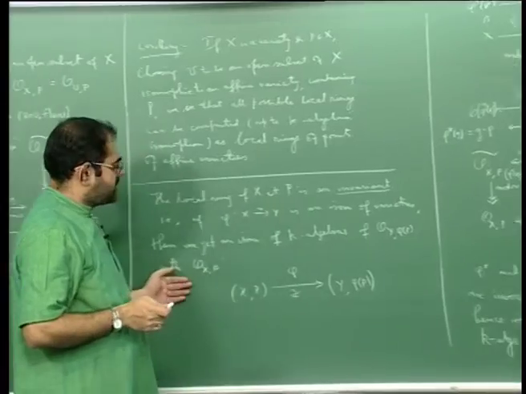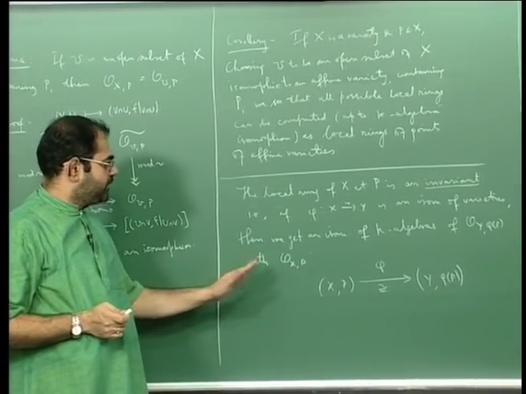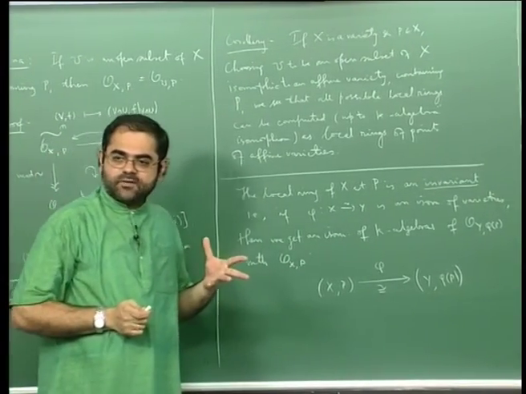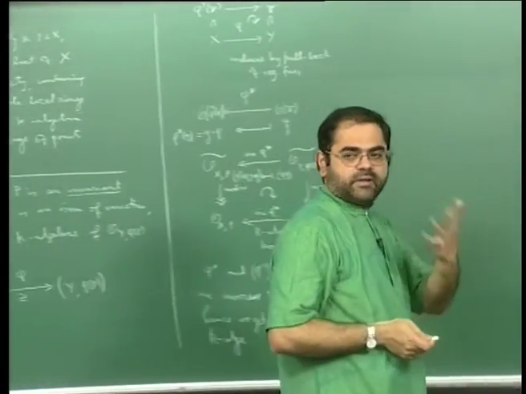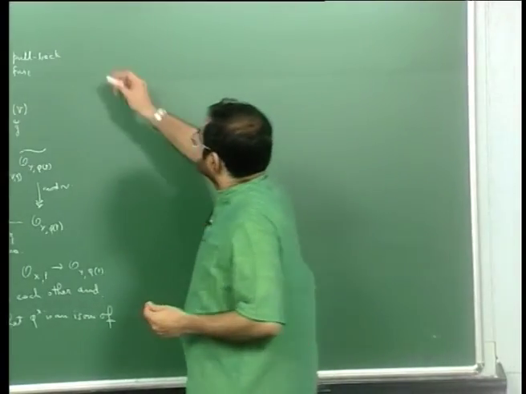This is what this remark says, that the local ring is an invariant. If you change the variety up to isomorphism, the local ring will change only up to K-algebra isomorphism.